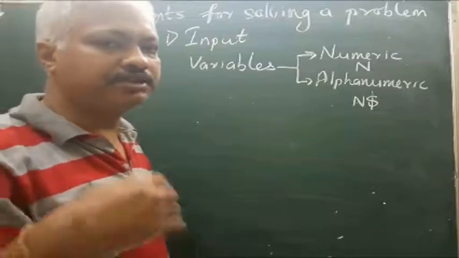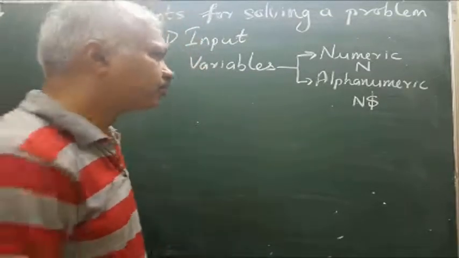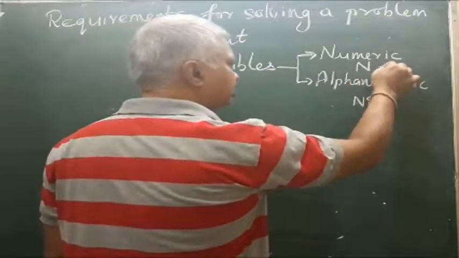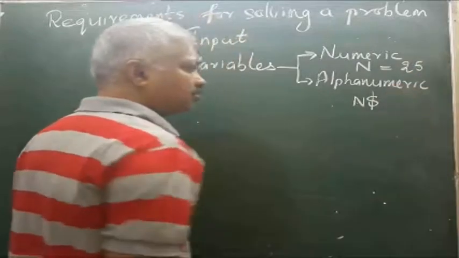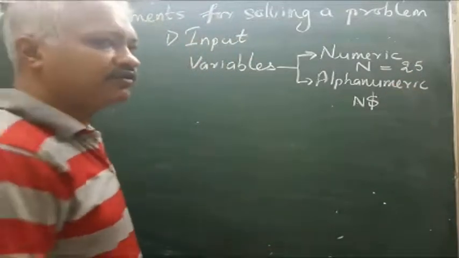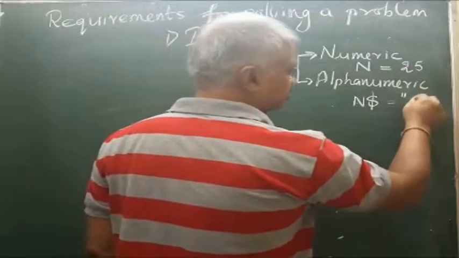Now, how you are going to assign a value to a variable is also different. Here you can write the value directly. In case of alphanumeric, you have to put it within double quotes.